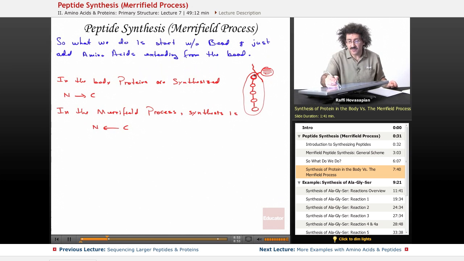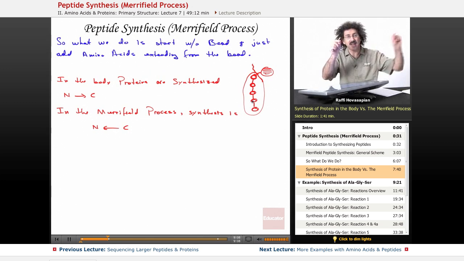Because we're adding this first, and then we're adding something to the left of it, and to the left of it, and to the left of it. So it's in reverse, but again, the final product is what's important. But you should know that in the body, it's actually built from N forward. Here, you're adding amino acids backward. You're starting from the carboxyl end, and you're going back that way.